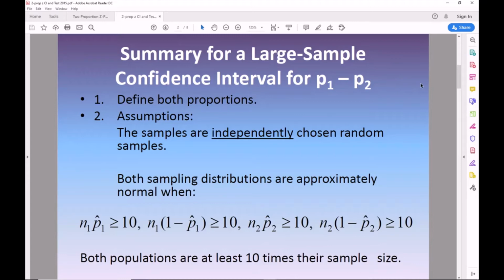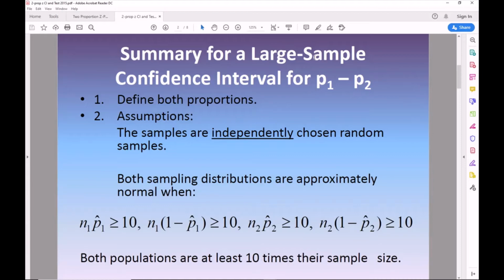Well, what we're going to do is sort of blend two populations into not necessarily a single population, but into a single sampling distribution, so that we can find sample outcomes for these comparisons or these subtractions.